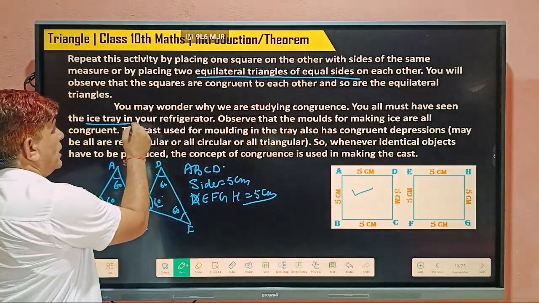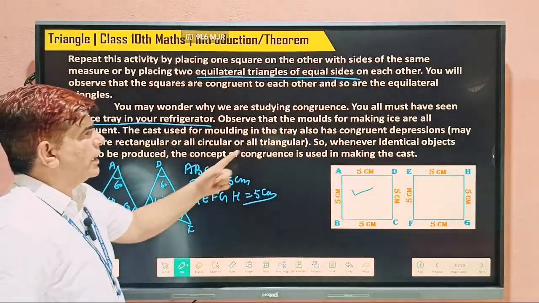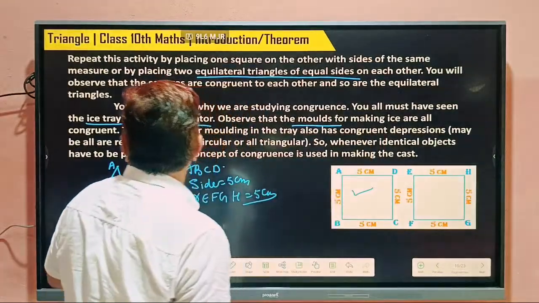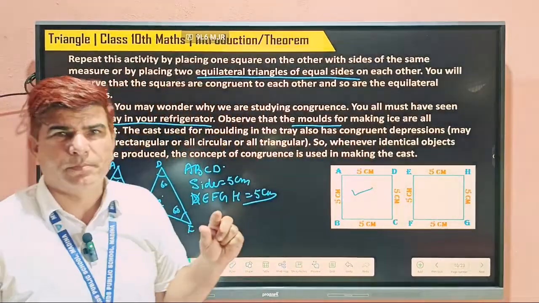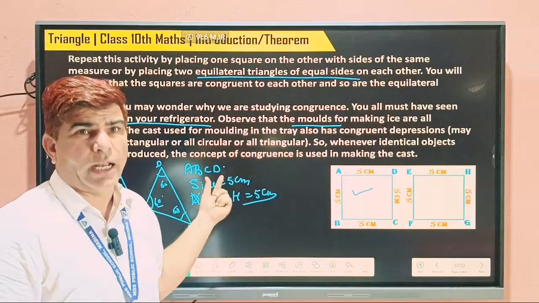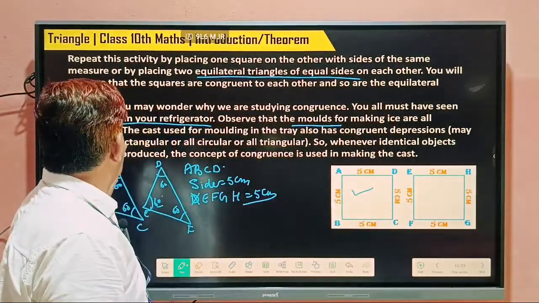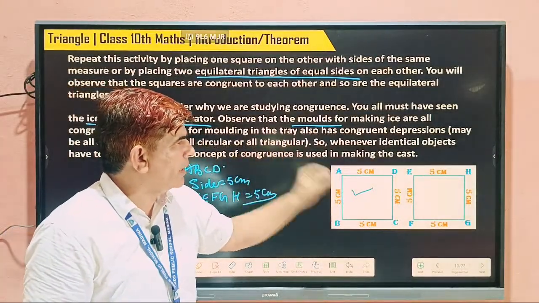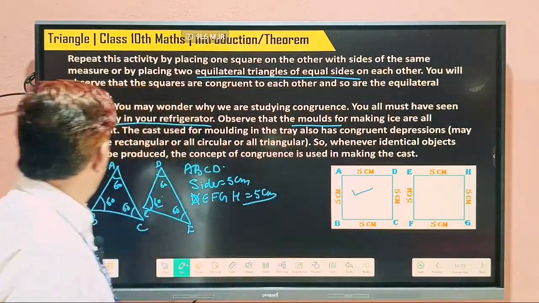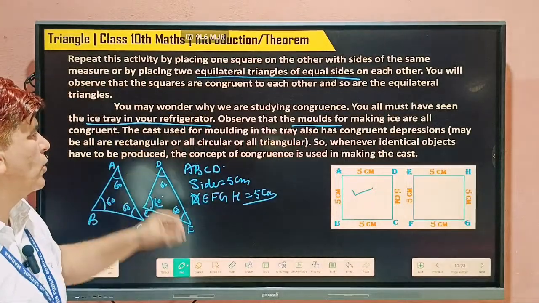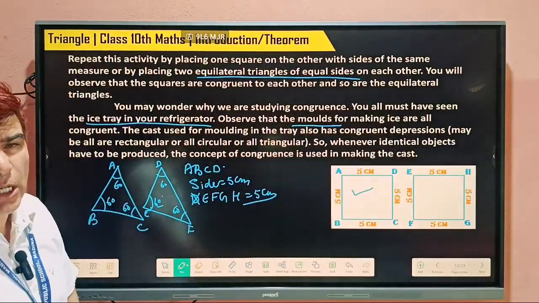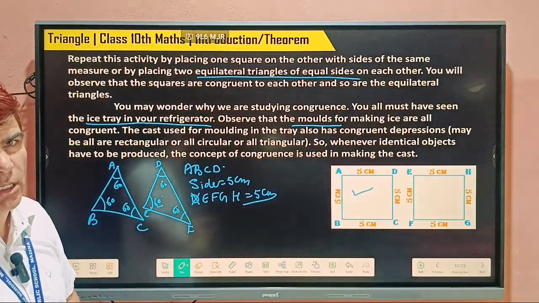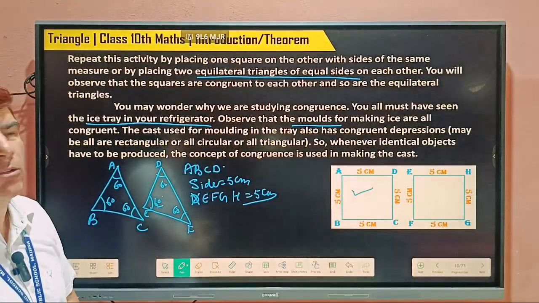Observe that the modules for making ice are all congruent, all the same. The cast used for molding in this tray has congruent depressions, maybe all rectangular or all circular or all triangular.